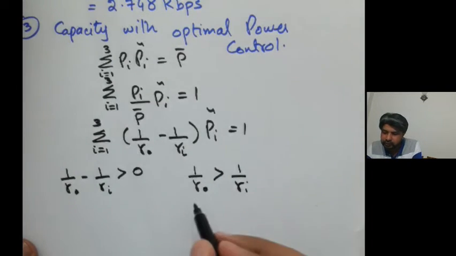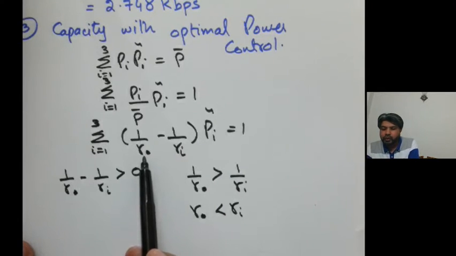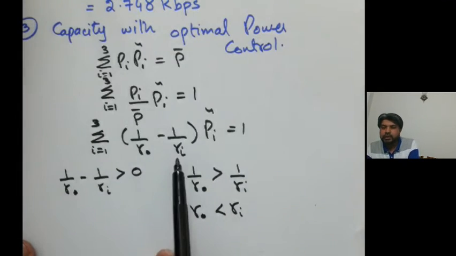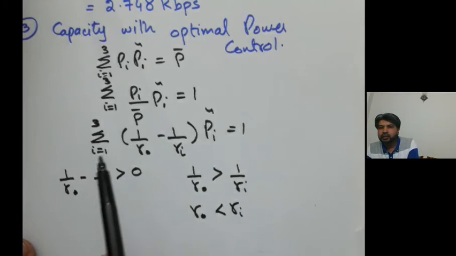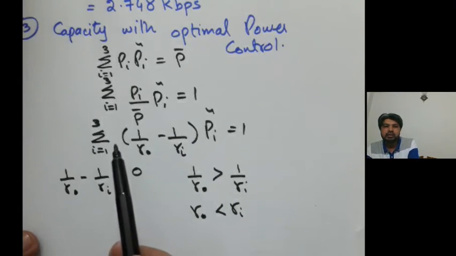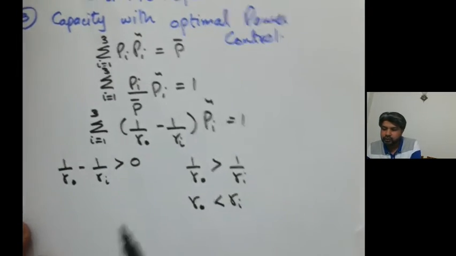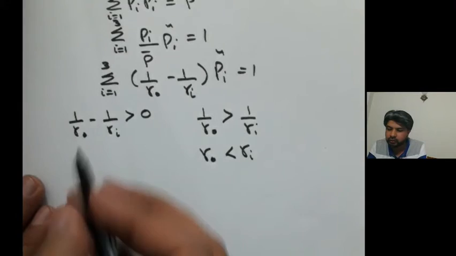In other words, if you flip this around, gamma naught must be less than gamma i. So whatever gamma naught you compute using this law, it should be less than all the gamma i's you used to compute it. Otherwise, that doesn't work, and you have to reduce the states you are using. So let's go ahead with the three states we are using and see whether this works or not.